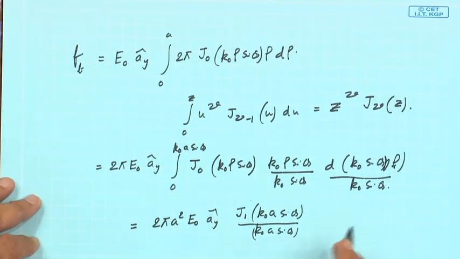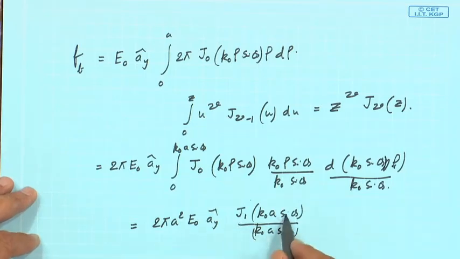Now, on the z axis, theta is 0, so k naught sin theta is fully 0. So this J naught 0 by 0 term will give you 0 by 0.